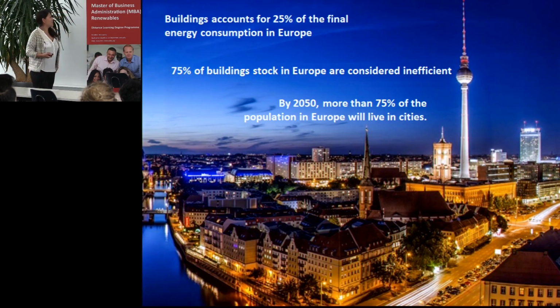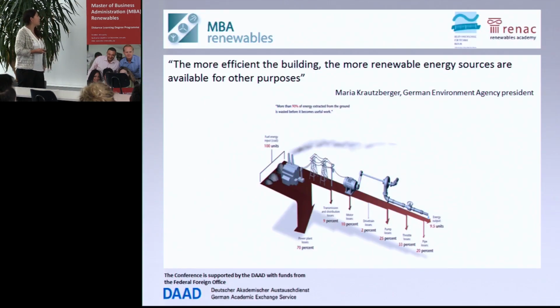I don't know what it will be in Mexico. And by 2050, more than 70% of the population in Europe will live in cities. So any effort in buildings, I think, will pay off for renewables and for energy efficiency and to decrease the CO2 emissions in the end. And as Maria Kreutzberger said, the more efficient the building, the more renewable energy sources we have for other purposes.